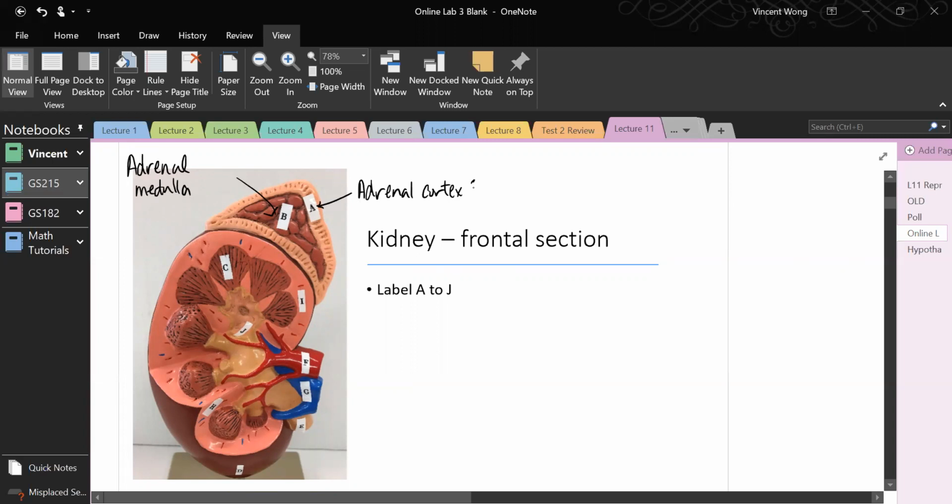We'll learn more about this next week, but just to write down now, the adrenal cortex will secrete things like aldosterone and something called cortisol. These are related to long-term chronic stress hormones.